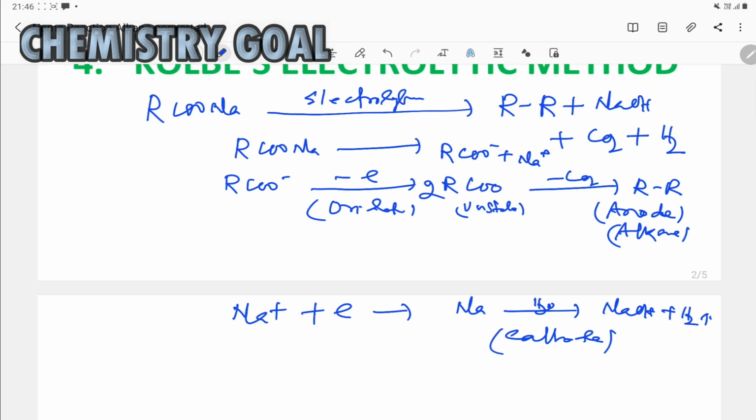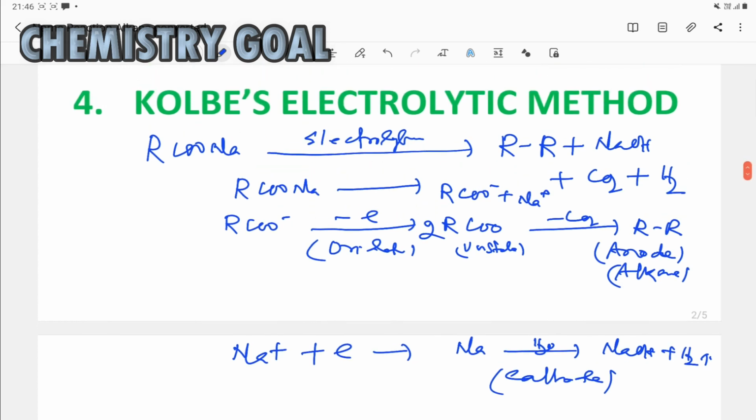So by the electrolysis of salt of carboxylic acid, the product is alkane. The main product is your alkane. This is your alkane. So this reaction is called Kolbe's electrolytic method, preparation of alkane.